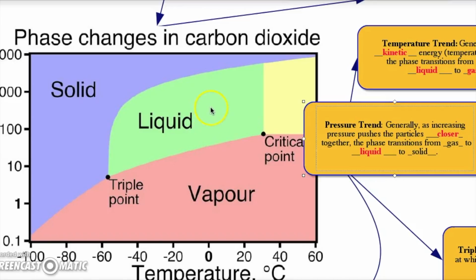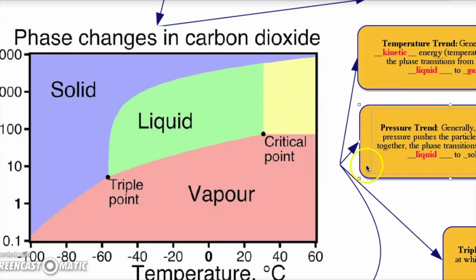If we continue increasing the pressure at 0 degrees Celsius and follow the marker here, eventually we will solidify, we will freeze the carbon dioxide. That would be at an extremely high pressure. So as we increase the pressure, the particles are shoved closer together and they transition from gas to liquid to solid.